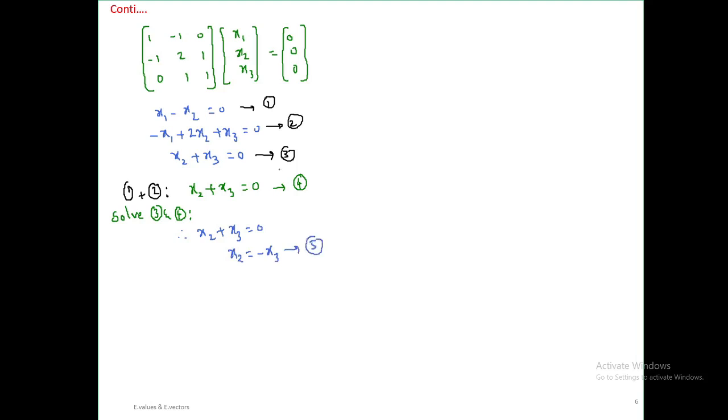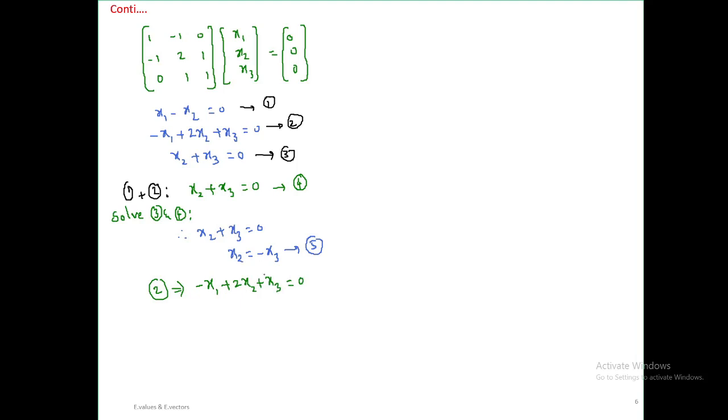Now let us take equation number 2: minus x1 plus 2x2 plus x3 is equal to 0.